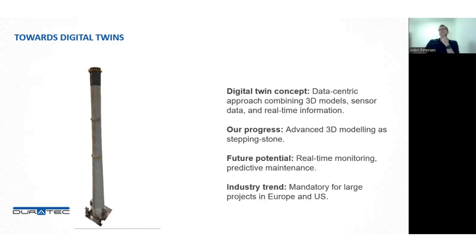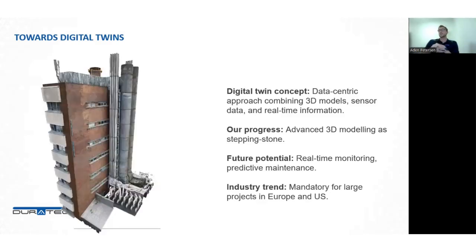This technology is becoming mandatory for large infrastructure projects in Europe and the US. However, for heritage structures like the Carillion, this could mean preserving our cultural assets through predictive maintenance rather than doing reactive repairs.